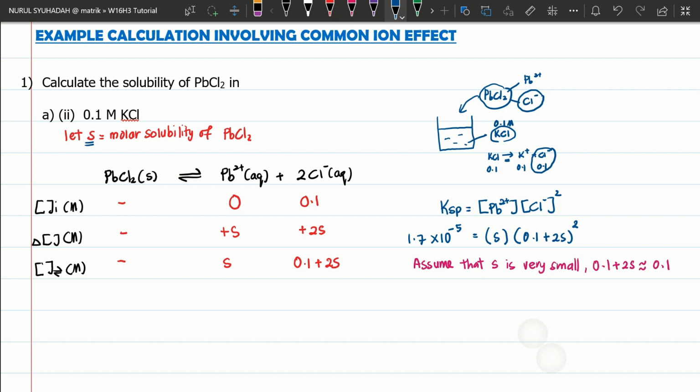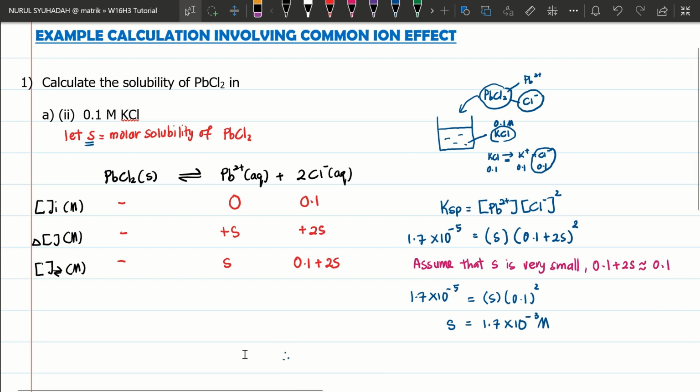So, dah dipermudahkan tadi, so 1.7 times 10 to the power of negative 5 equals S darab 0.1 to the power of 2. So from here, you will get the value of S adalah sebanyak 1.7 darab 10 negatif 3 M. So please do not stop until here. Tulis statement awak sebab markah dia adalah dekat statement yang terakhir ni.